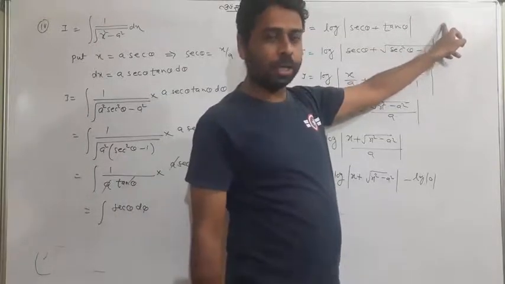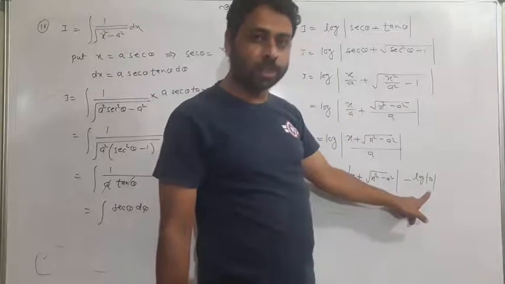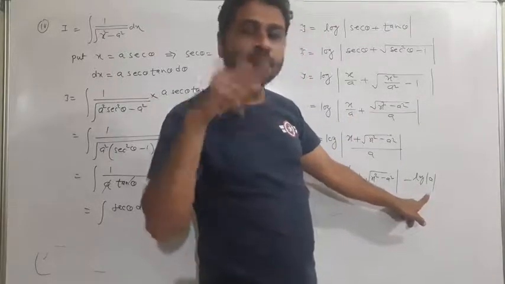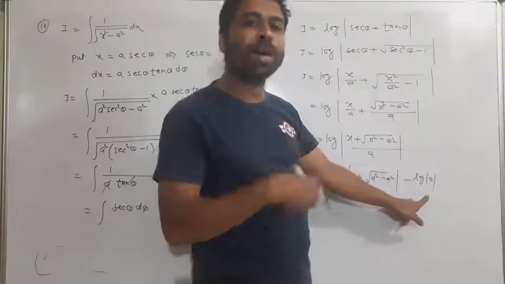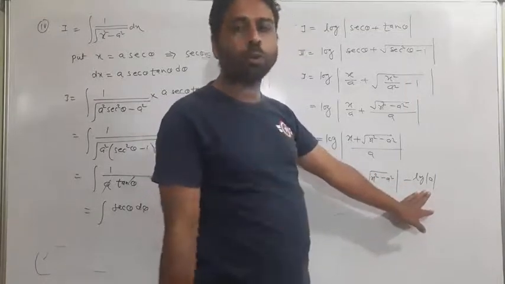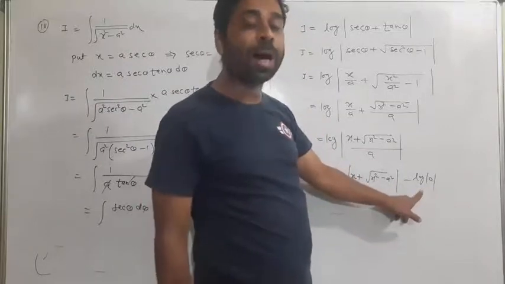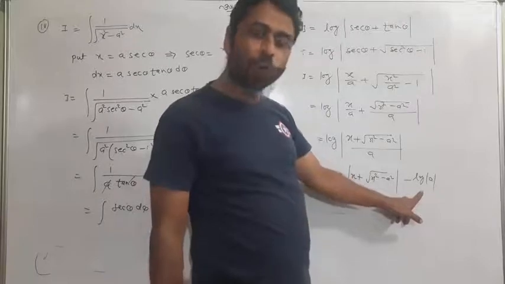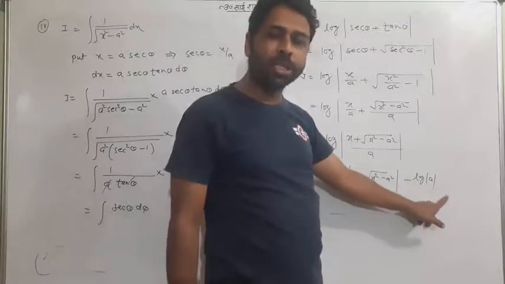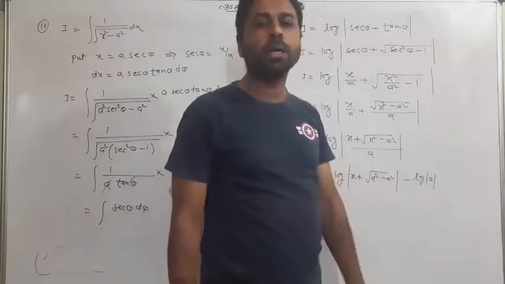You remember that c is a constant. Log a is without x, so it is again wholly called a constant. So actually we are looking for the formula so we ignore this. But when we do the question, we definitely use a c. So this is none else, but it is part of the constant. So in case of looking at the formula, I avoid that because it is a constant value, and ultimately we will use a constant while completing the solution.